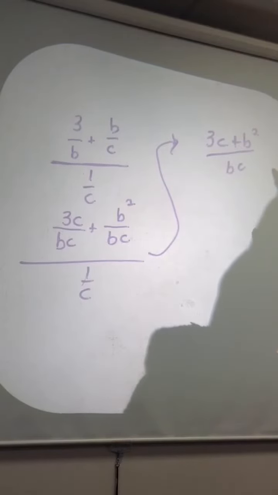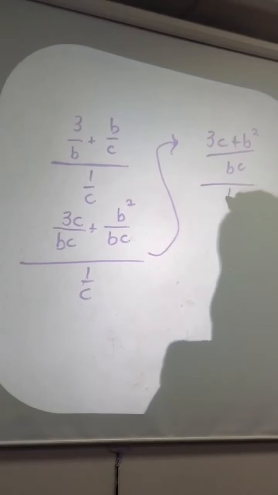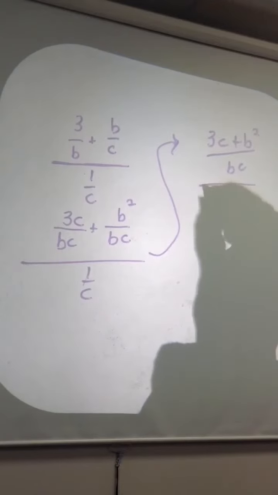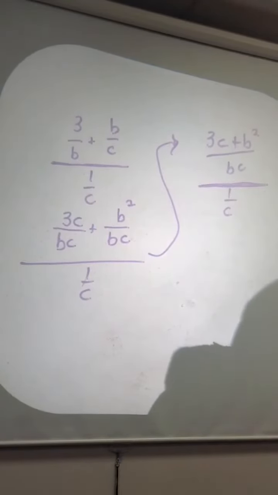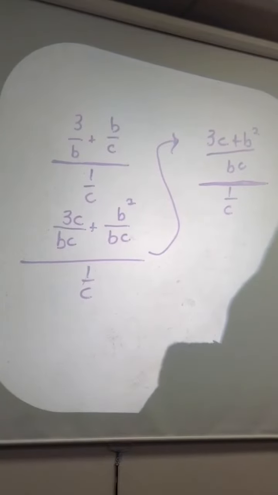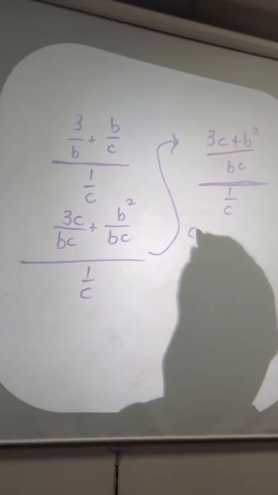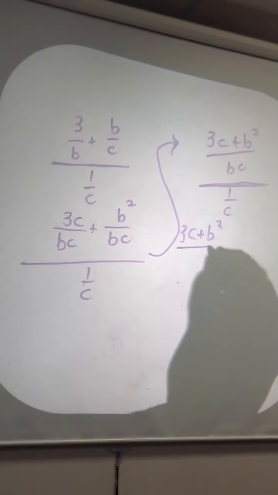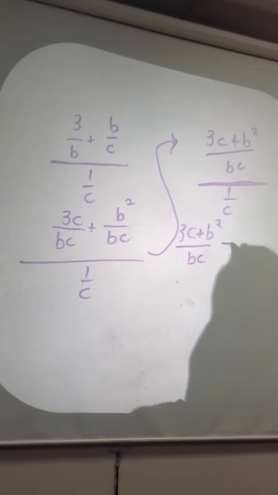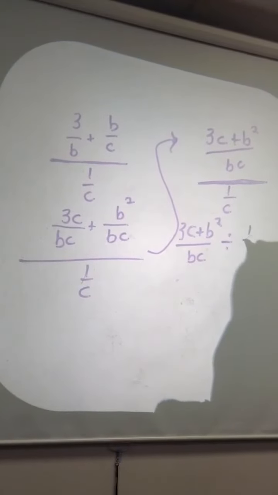Everybody agree? And that's all over 1 over C. What else besides being a symbol of inclusion does that fraction bar mean? Yes. So you're going to take the 3C plus B squared over BC divided by 1 over C.